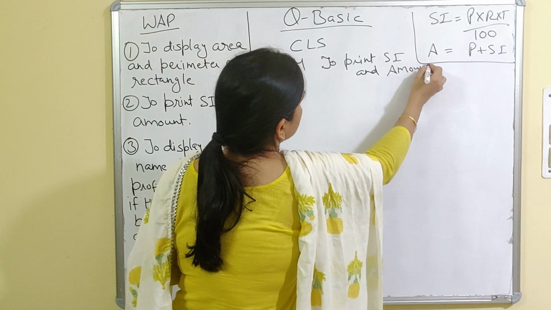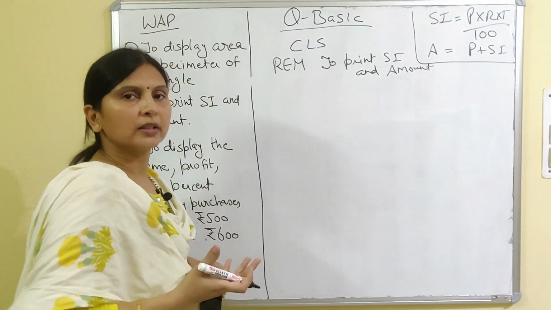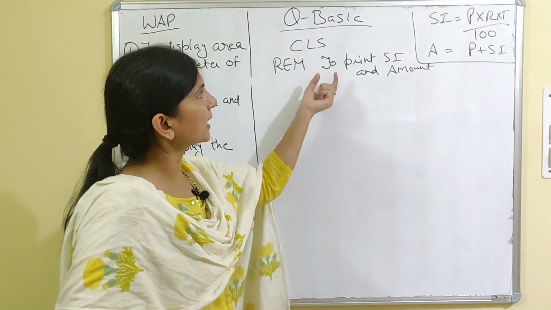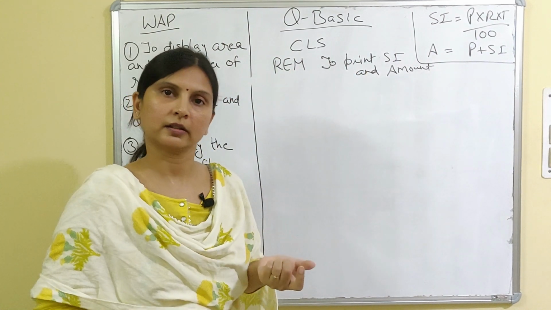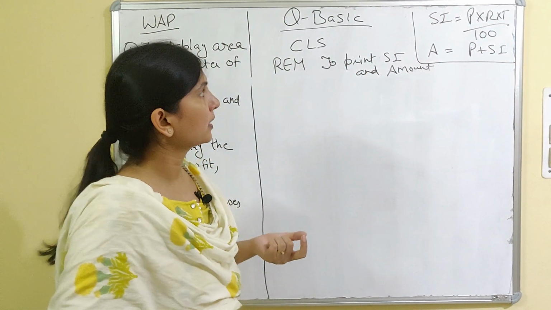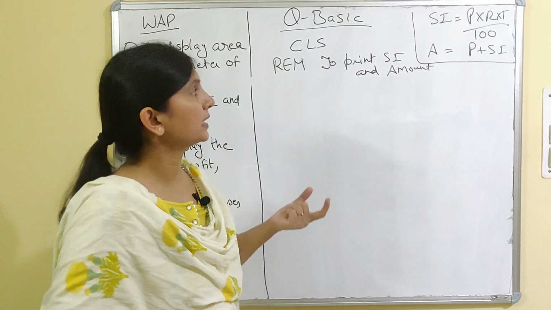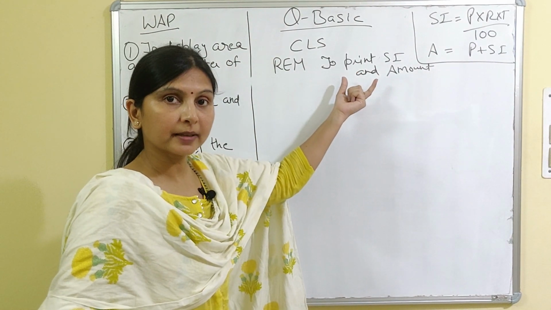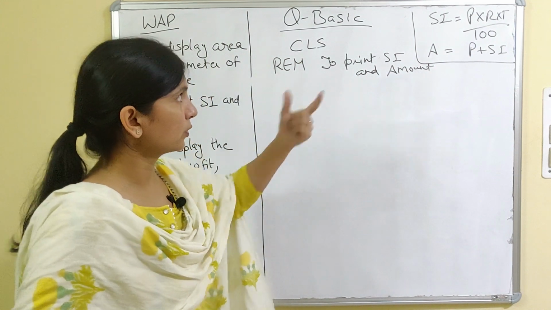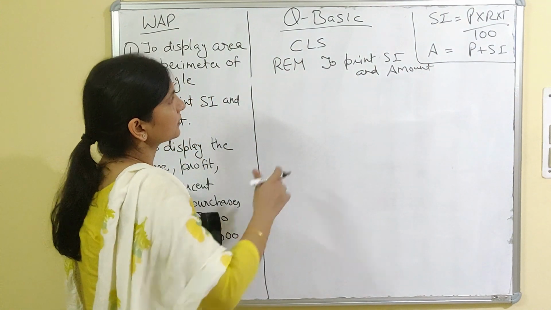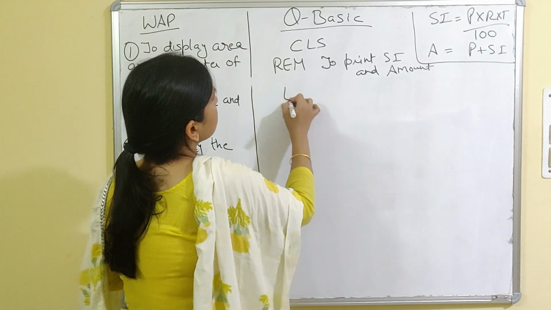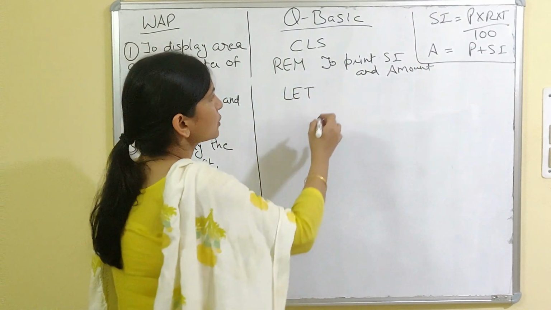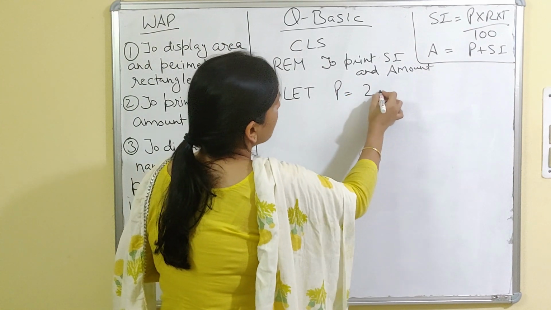The language you can give your own. To display simple interest and amount you can write to print SI and amount as per your wish, but it should be relevant. Because this is a non-executable statement, you can write in your own words, but it should be relevant. Okay, now let. Three variables will be needed to calculate SI. So let P equals 2000.